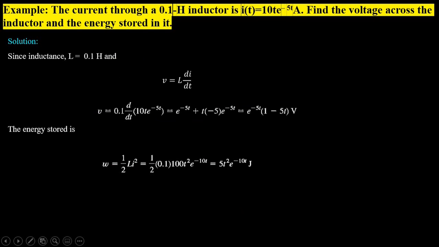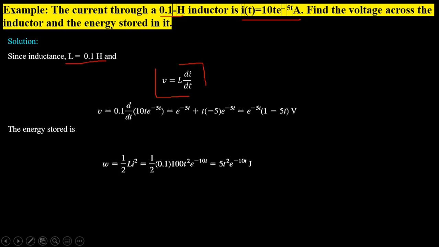Now in this example you have to find the voltage across the inductor and the energy stored in it, where the inductor has an inductance of 0.1 Henry, and the current passing through the inductor is 10t e^(-5t) amperes. In the solution we know that the inductance is equal to 0.1 Henry and the voltage across the inductor is the product of the inductance and the rate of change of current.